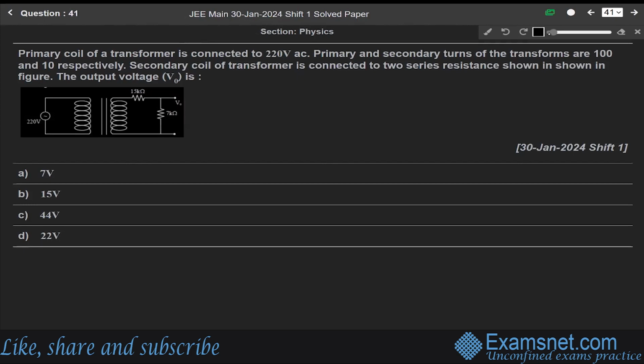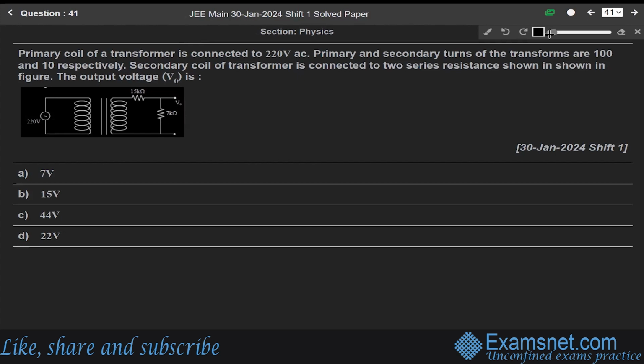So our next question is question 41. Primary coil of a transformer is connected to 220 volt AC. Primary and secondary turns of the transformer are 100 and 10 respectively. Secondary coil of the transformer is connected to two series resistances shown in the figure.